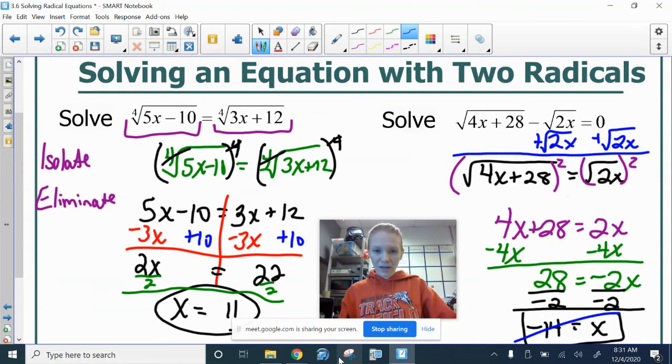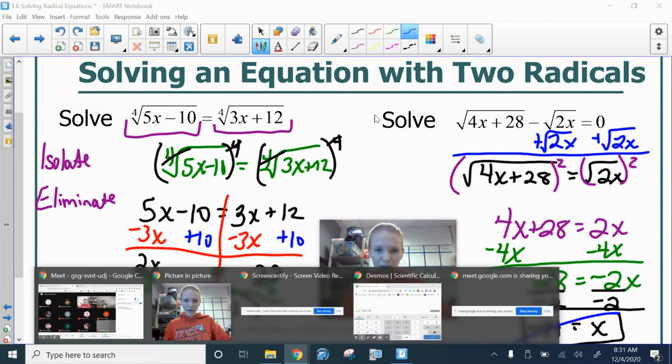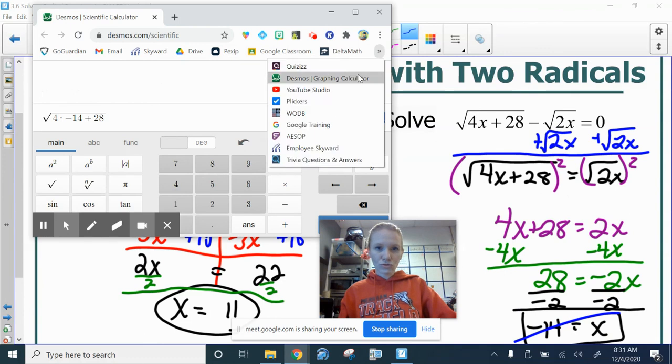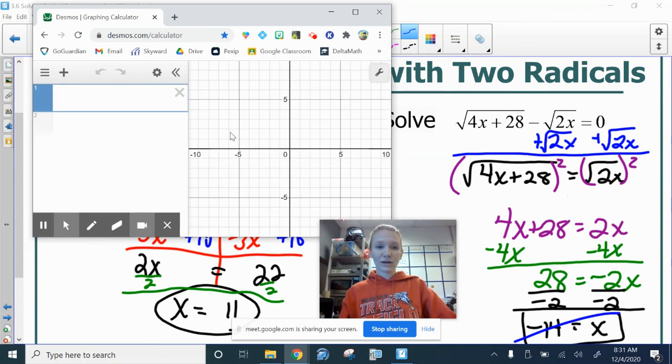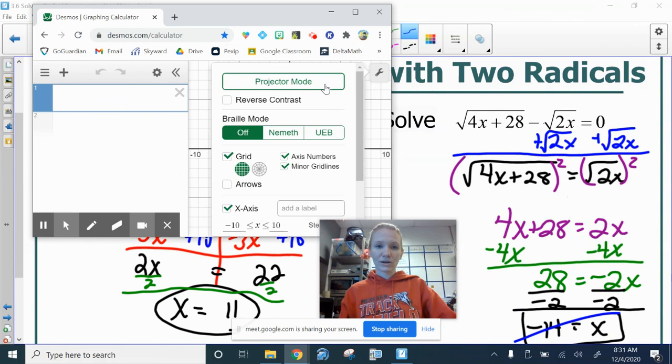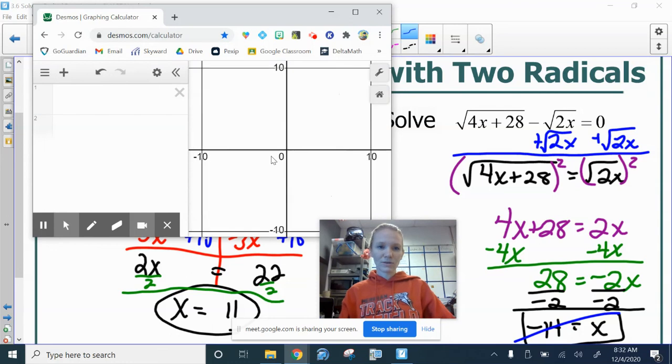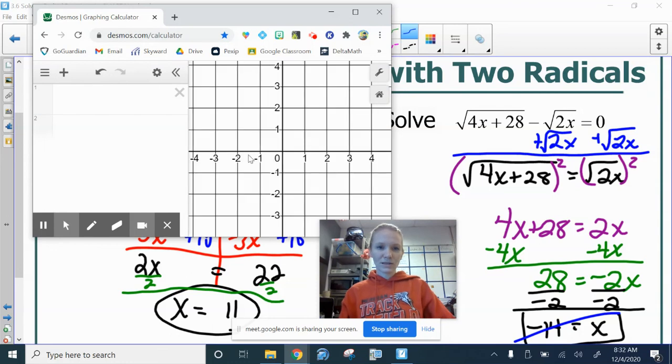Also, when we look at this, let's go ahead and grab my Desmos graphing calculator, and I'm going to show you how this looks on the graphing calculator too. I'm going to make a few modifications to my graph so that we can see this a little better. Here's my graph.